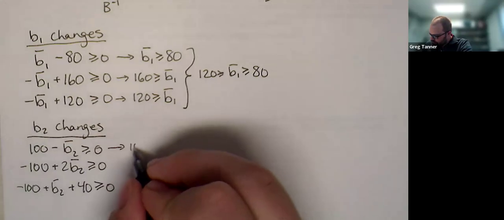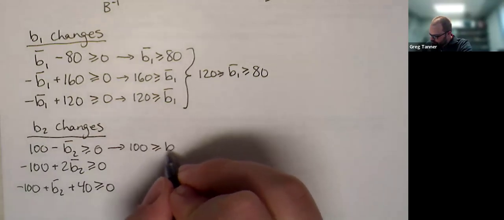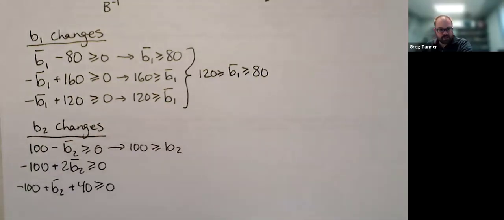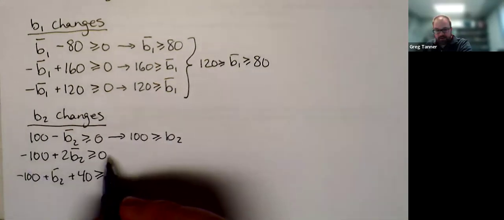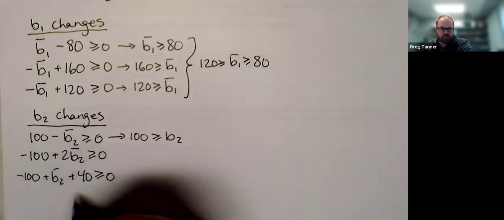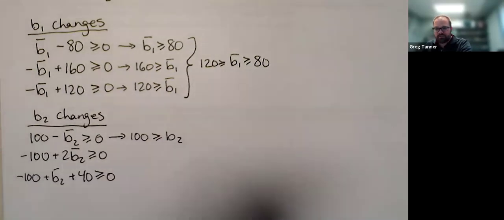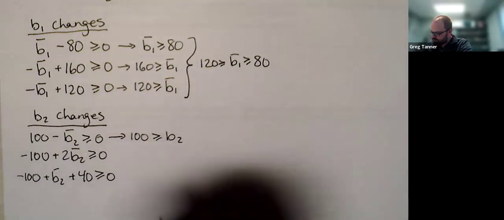This one says that 100 is greater than or equal to B2, moving the B2 over the other side. This one, I'd add the 100 to the other side and then divide by 2. Thing to remember with inequalities, if you divide by a positive number, that's just fine. If you divide by a negative number, you got to swap the direction of the inequality.